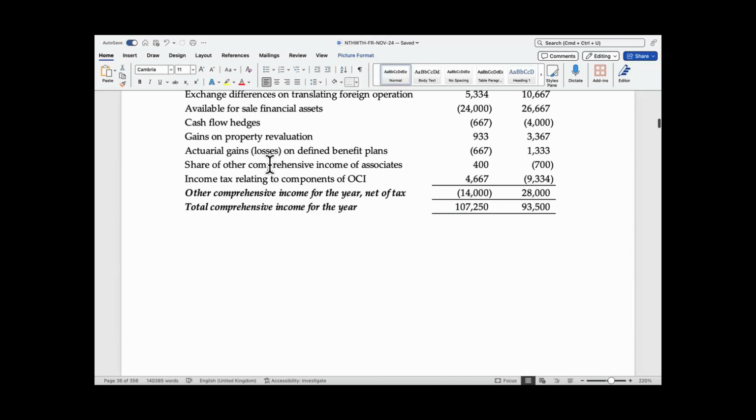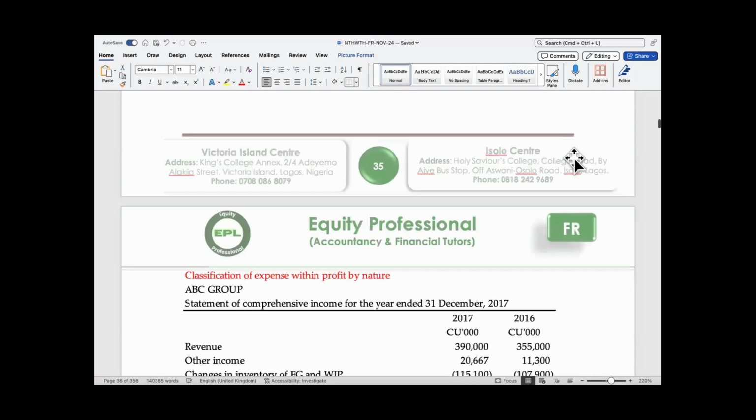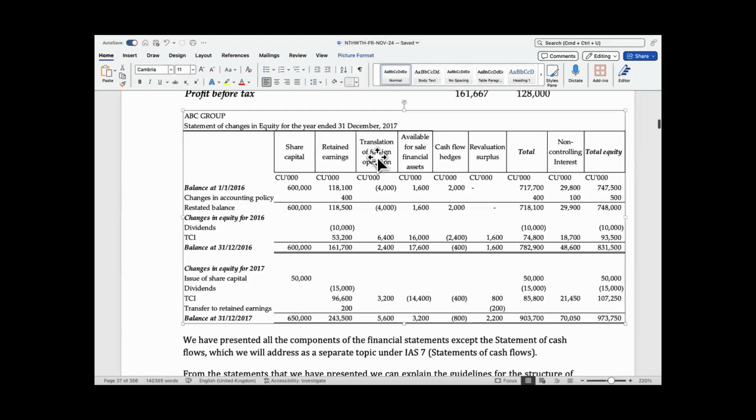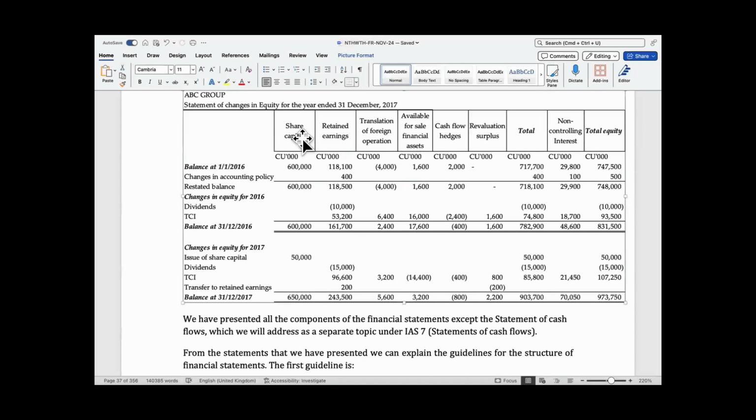So we'll present all of them in a tabular format. Even your NCI too will be there. You have your total equity. And the whole idea is just to reconcile it. You start from share capital. Okay, what's your share capital at the beginning? Then what increased it? Did you issue additional share capital?